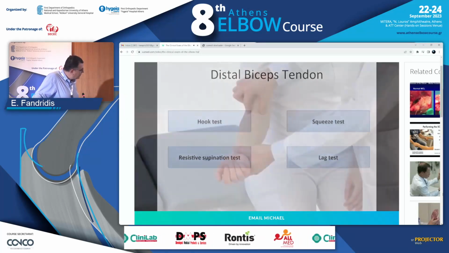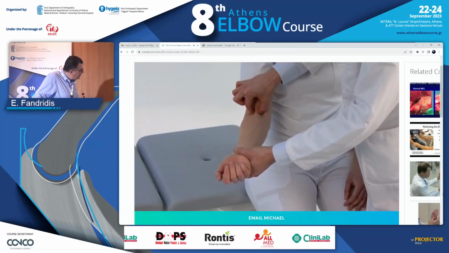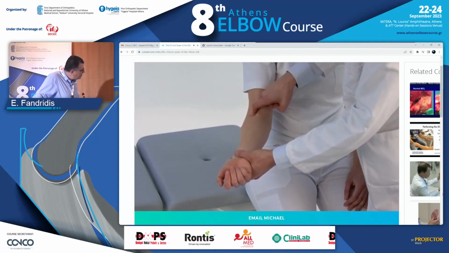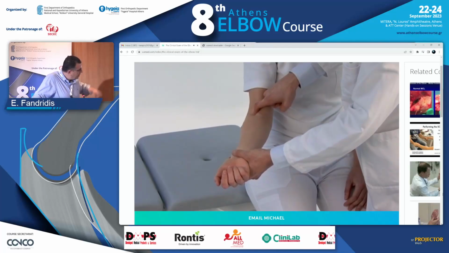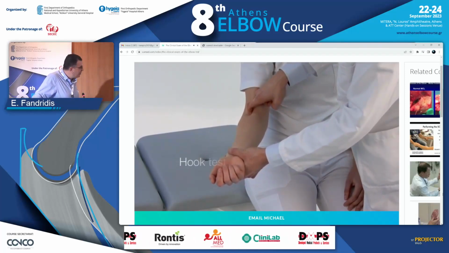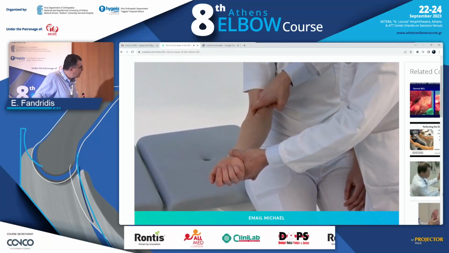This is for the complete tears, and the resisted supination test. You keep the patient in elbow flexion of 90 degrees, close to the body, in supination, and the finger of the examiner goes from the lateral side in order to grasp the tendon, coming under the tendon, in order to pull this tendon. This is called the hook test.